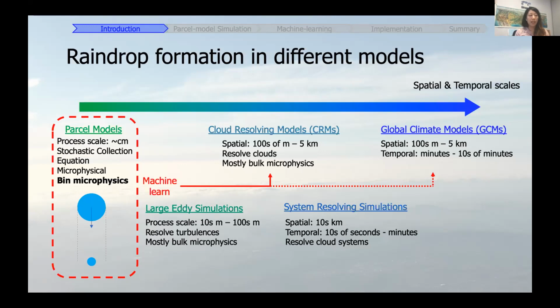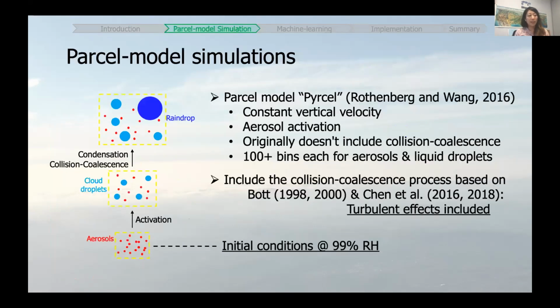And today I'll tell you how I machine learned the Parcel model simulations and also how I implemented it in a CRM. So you can go to the next slide. And now I want to talk a little bit about this Parcel model that I'm using.